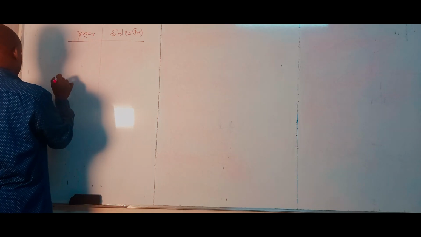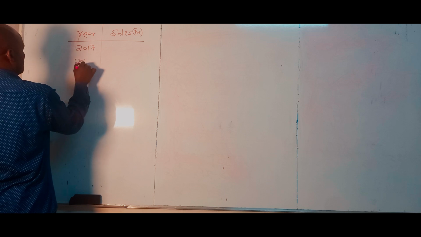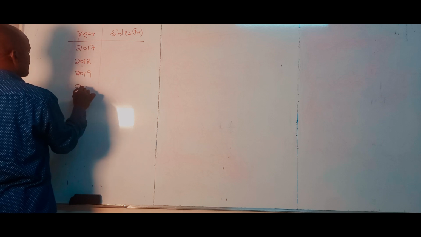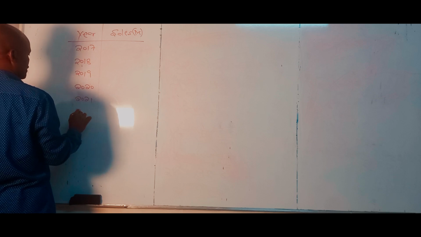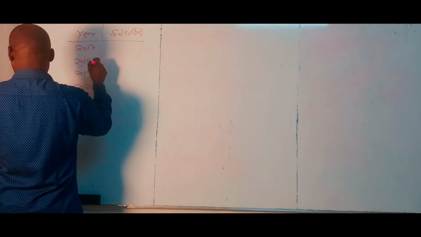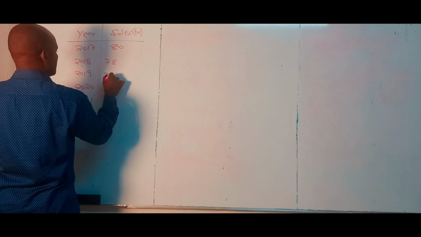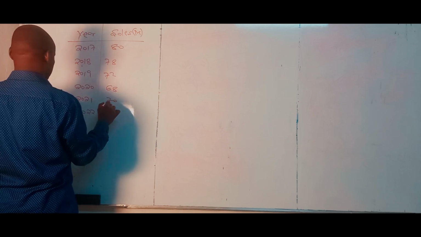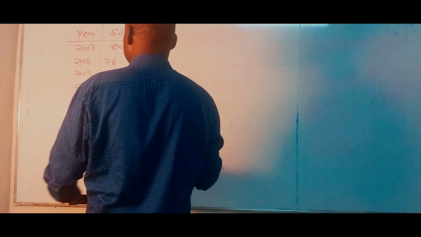We are saying that it starts from 2017, then 2018, 2019, 2020, 2021, 2022. So the corresponding sales are 80, 78, 72, 68, 70, 82, like that. So that's the data we are given.